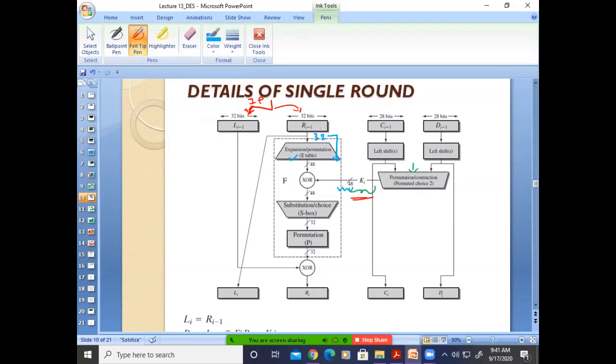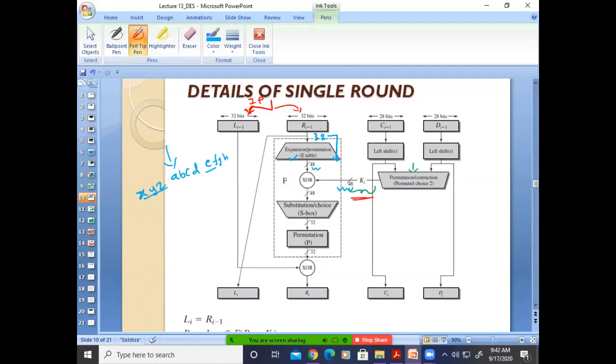It's very simple. Suppose A, B, C, D is there. We can add some more extra alphabets, no? We can add E, F, G, H, or X, Y, Z, etc. So just adding bits. Once expansion is done, it becomes 48 bits.